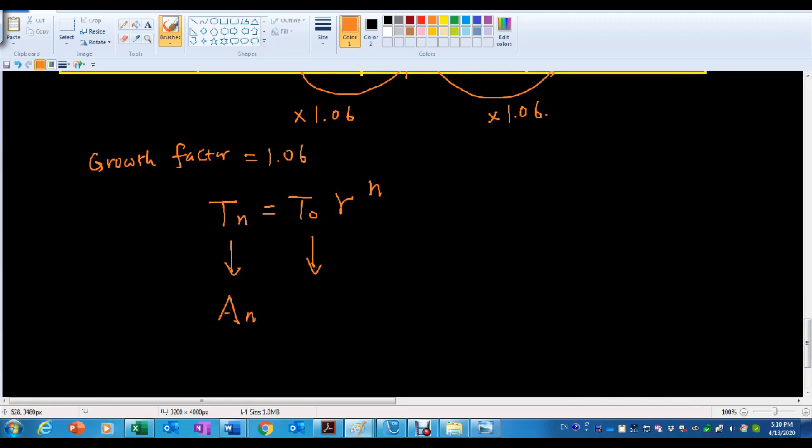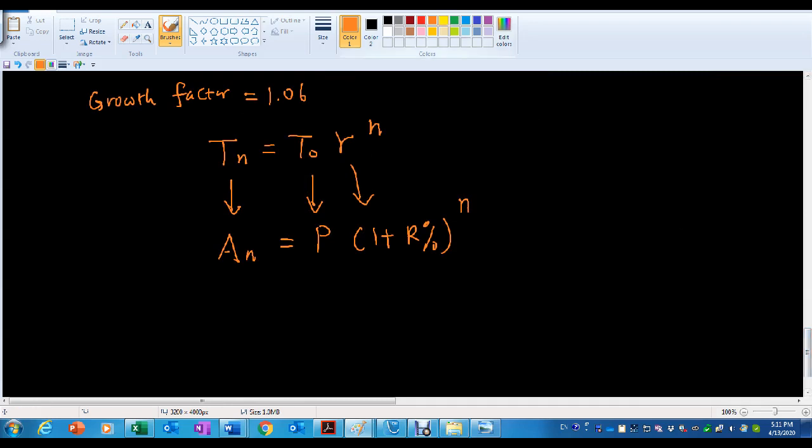T0 would be our principal, and R would be 1 plus the interest rate percentage, to the power n. And remember, when you have An, that means the amount at the end of nth year.